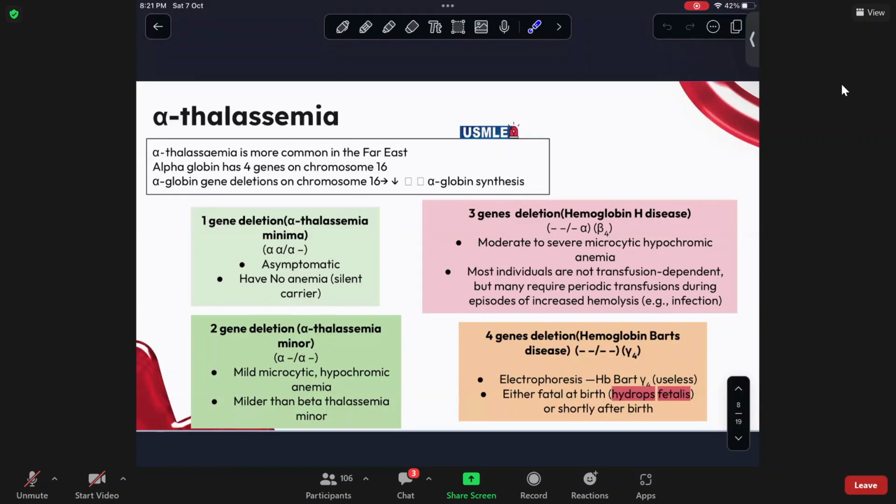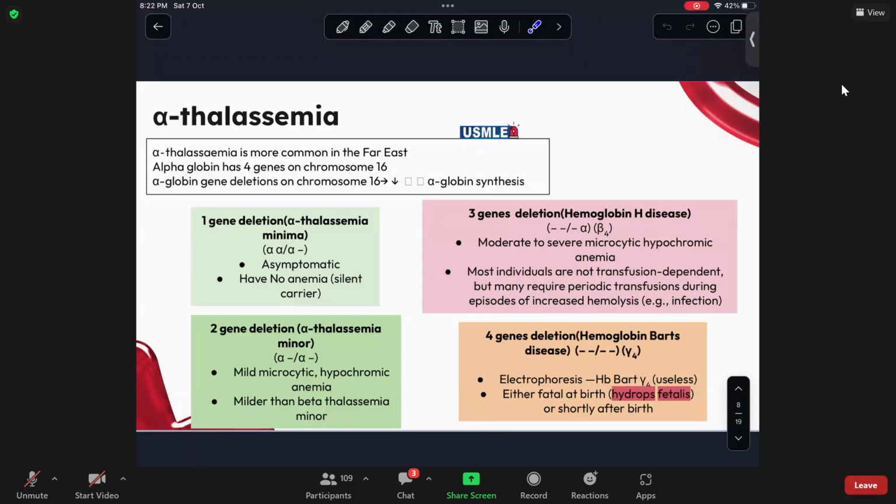What are the symptoms or signs? They have moderate to severe microcytic hypochromic anemia, but they are not transfusion dependent. But sometimes they will require periodic transfusions during episodes of increased hemolysis, like in infections. Lastly, we have 4 gene deletions. Here, they have a hemoglobin type called Barts.